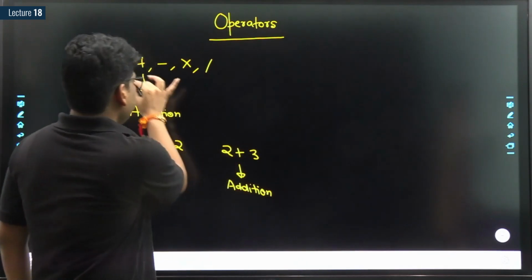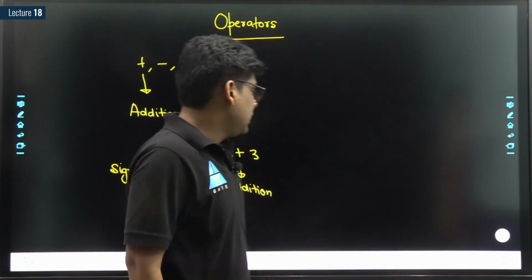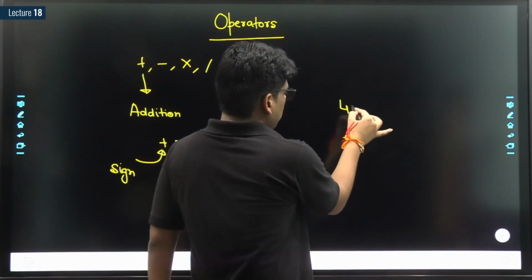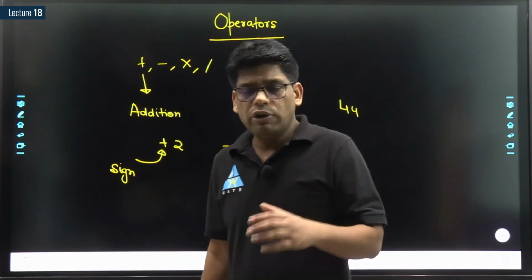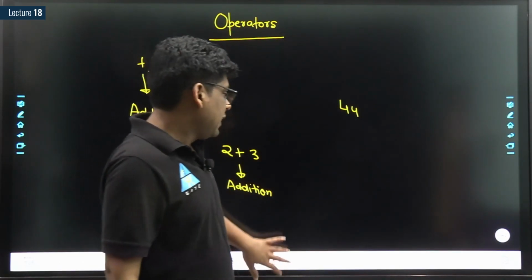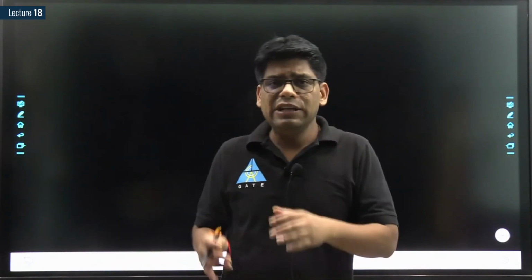So we have something called operators in programming languages also. In C programming language, almost 44 operators are there, and broadly we can categorize all the operators.